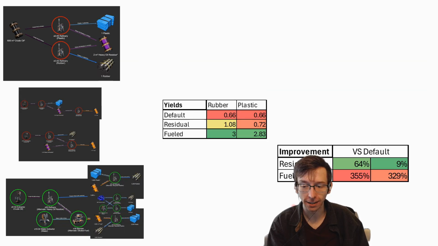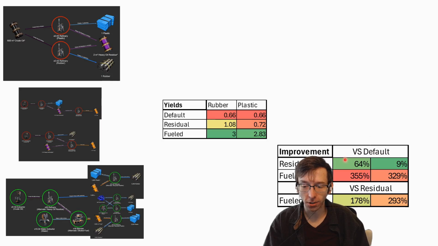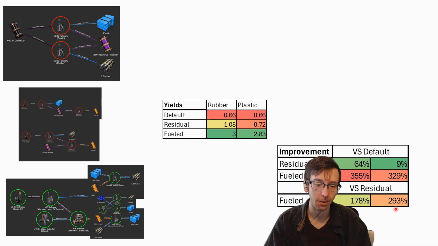So if you do this madness, it is 355% better than the default recipes. And if you thought residual was good, it's still 2 or 3 times better than the residual recipes.